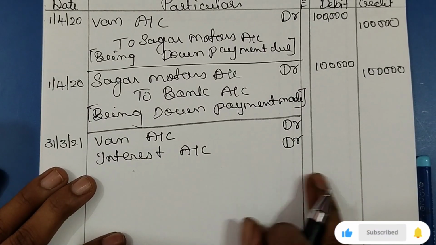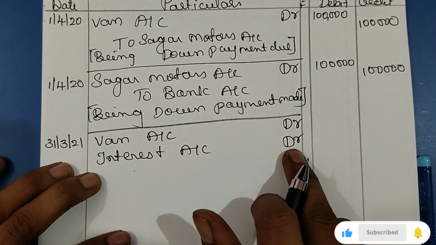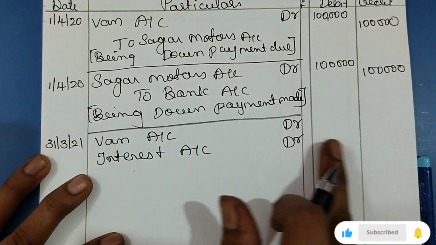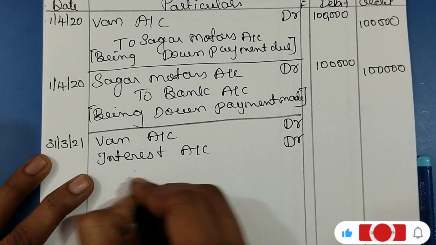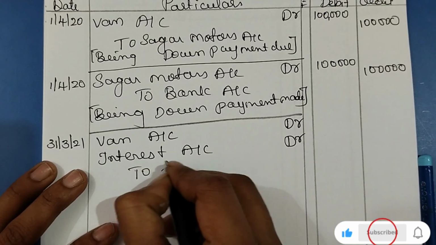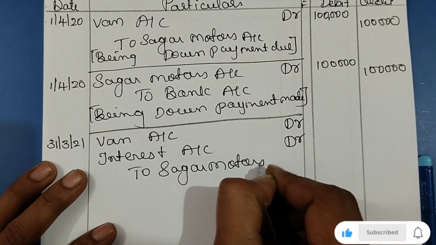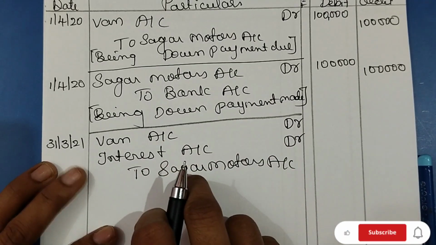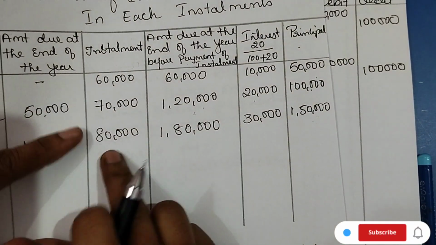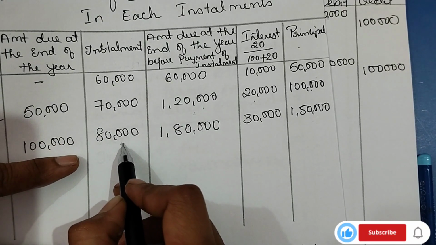Interest account, for us as the hire purchaser, Deepika, is an expense. We debit interest account. For Sagar Motors it is an income. Van account debit, interest account debit, to Sagar Motors account. Now you need to know the amount of the installment. The first installment is 80,000. This includes interest also.